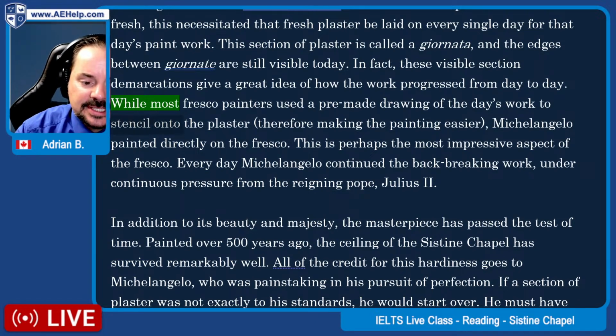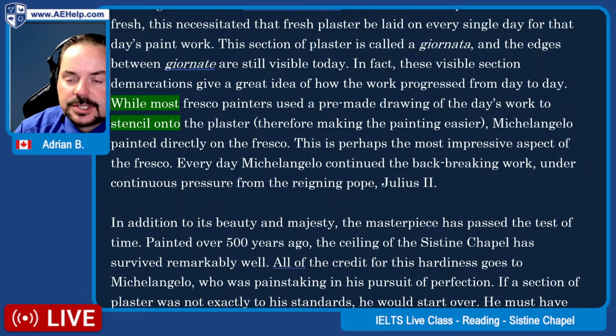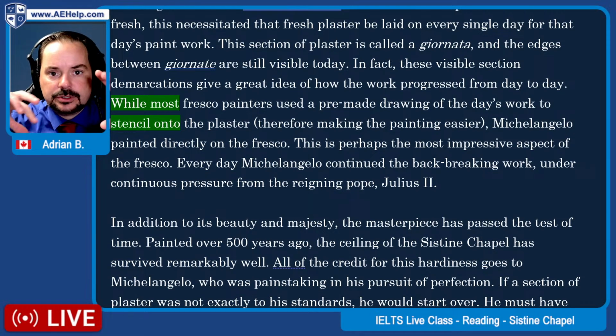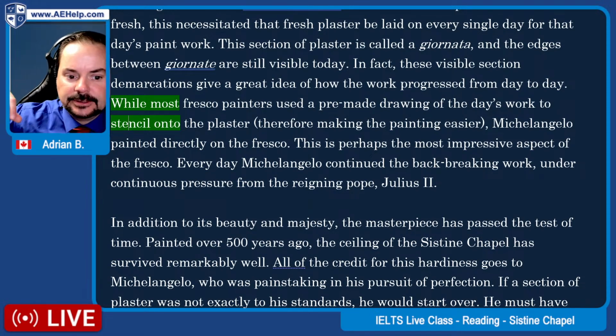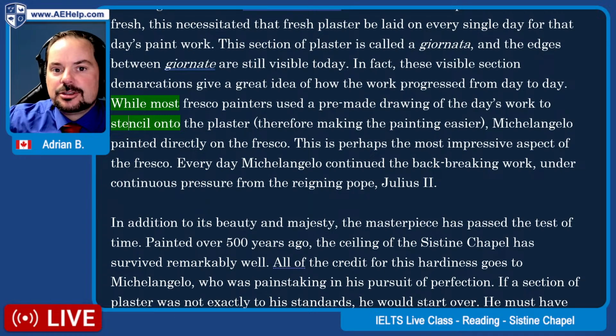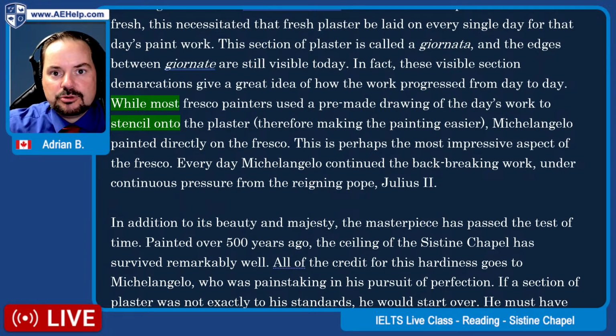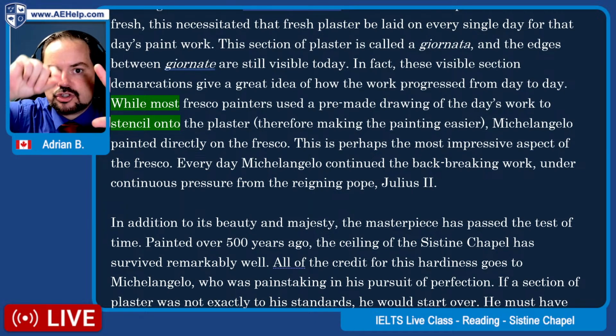Do you know this word stencil? Stencil. It's kind of a tricky word if you don't know it. Stencil is when you have like a cutout. I know, but I don't know how to explain it. If you have kind of a semi-transparent, see-through piece of paper that's got a drawing on it, and then you trace over the stencil.